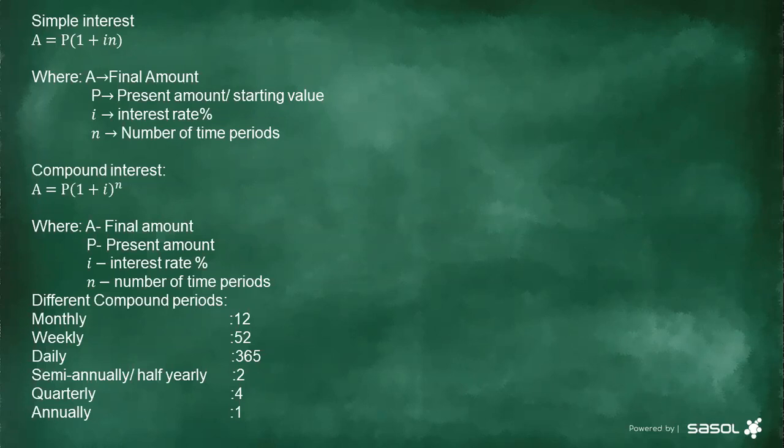Semi-annually, or sometimes they say half-yearly, is 2, quarterly is 4, and annually is 1. By the time we answer questions, we'll be using these values, and I hope you will be able to see how we apply them. For instance, monthly is 12, so what are we going to do with that 12?